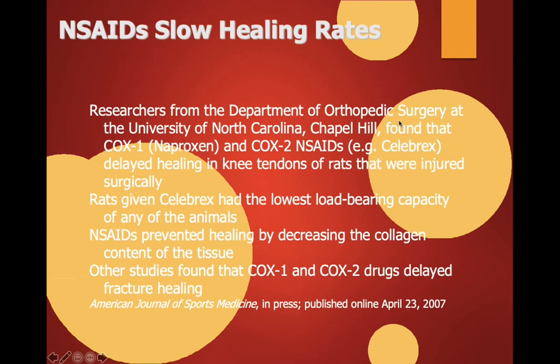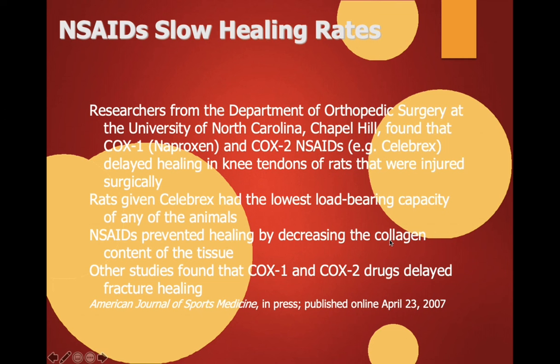Researchers from the Department of Orthopedic Surgery at the University of North Carolina, Chapel Hill, found that COX-1, naproxen, and COX-2 NSAIDs like Celebrex delayed healing in the knee tendons of rats that were injured surgically. And the rats given Celebrex had the lowest load-bearing capacity of any animal. NSAIDs prevented healing by decreasing the collagen content.